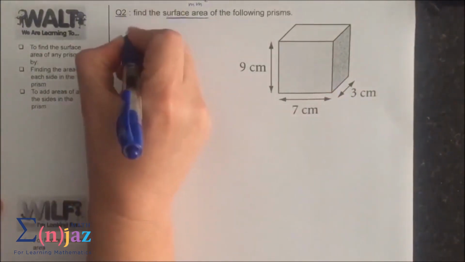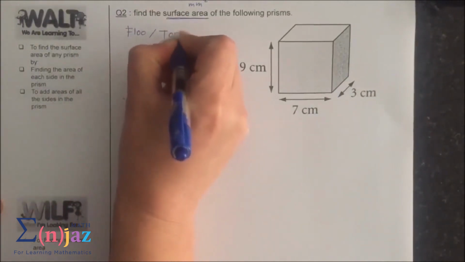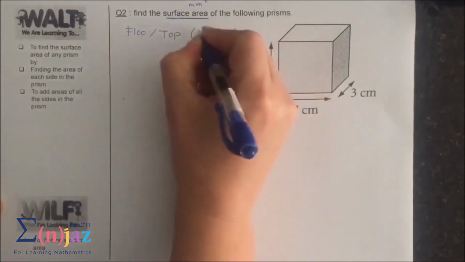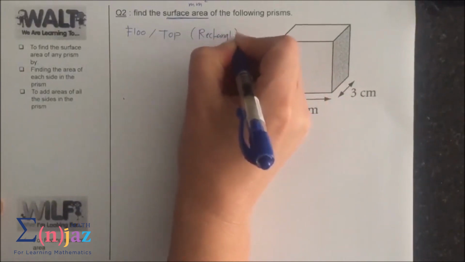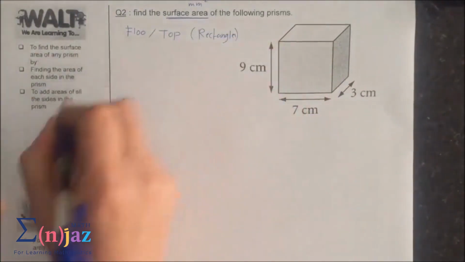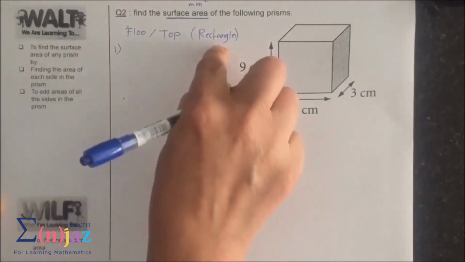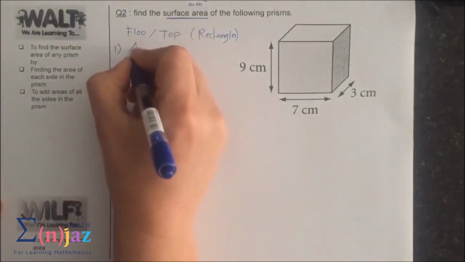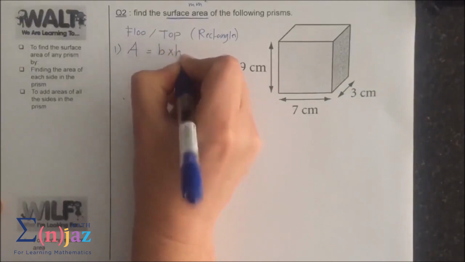So let's say the floor and top faces, which are rectangles. The area of a rectangle is equal to base times height.